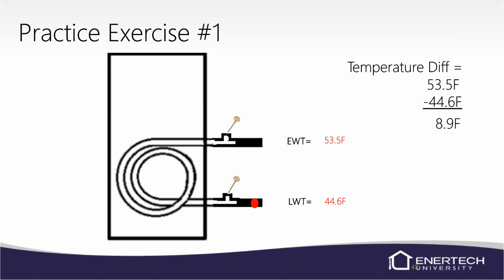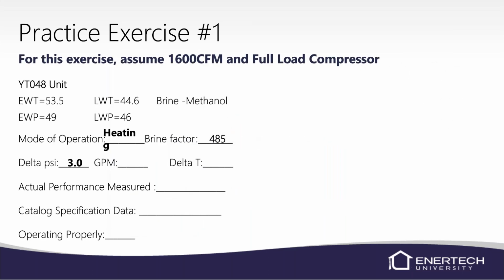The water leaving goes out to the loop field, picks up some more heat, and brings it back in. So if you've got higher water temperature in than leaving water, you're always in heating mode, and vice versa for cooling. So we're in heating mode.